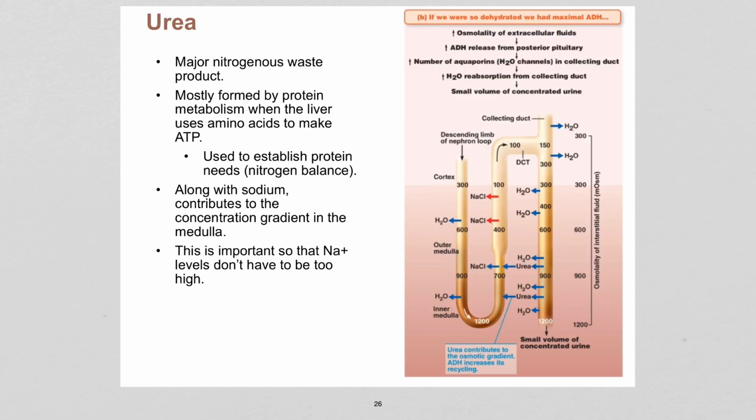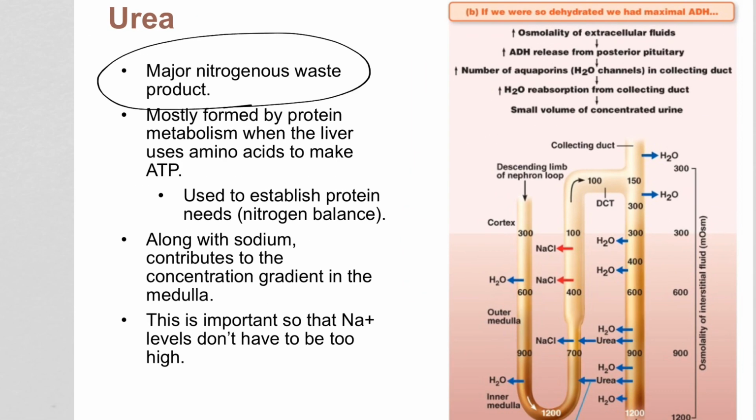All right. Urea, again, this is more just general awareness. Urea is a very important waste product. It's pretty much always found in urine, and it is the waste product of amino acid metabolism. So when you eat protein, amino acids have nitrogen in them.